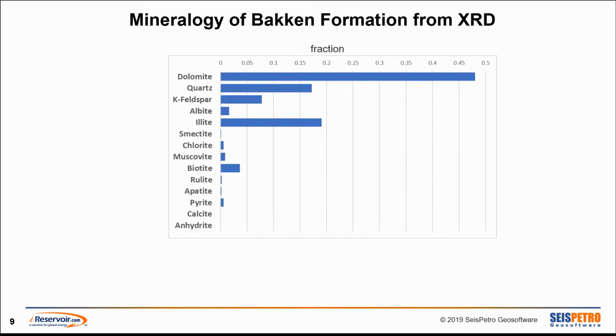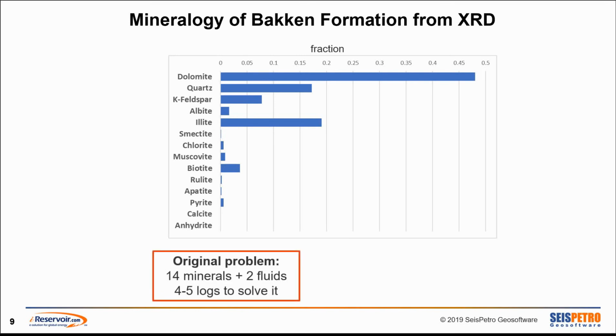Here is the mineralogy of the Bakken Formation from XRD measurements. We represent this mineral composition as a histogram that indicates the relative importance of the different constituents. The original problem that we want to solve consists of 14 minerals and 2 fluids, and we typically have between 4 and 5 logs to solve for it. Obviously, not enough information to solve for all this composition.